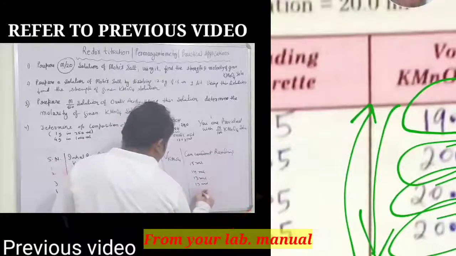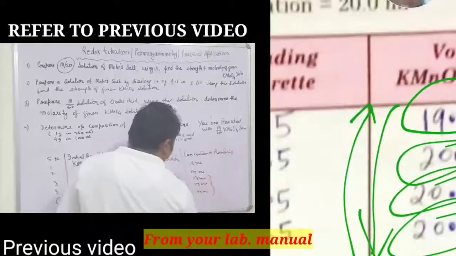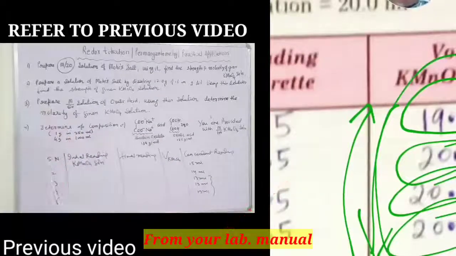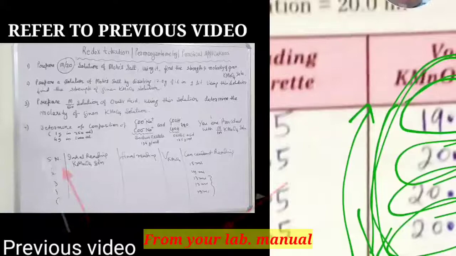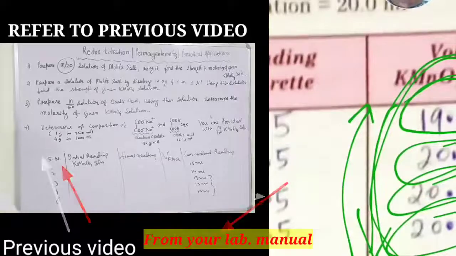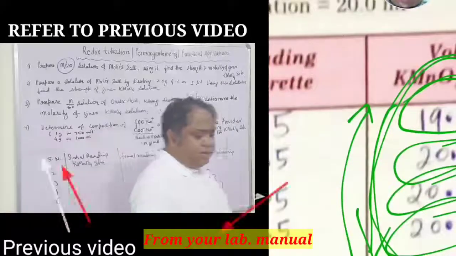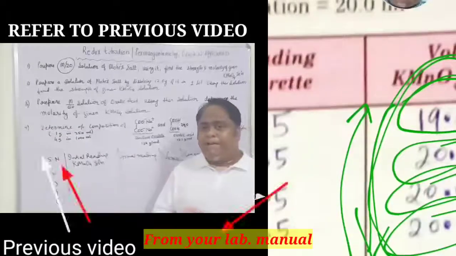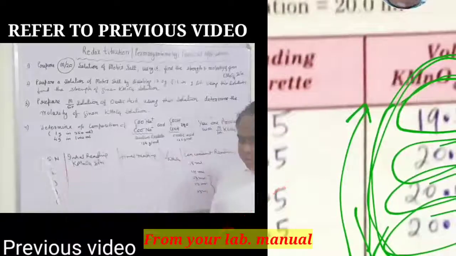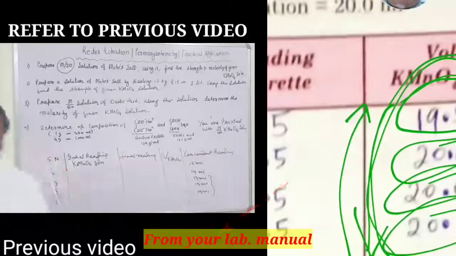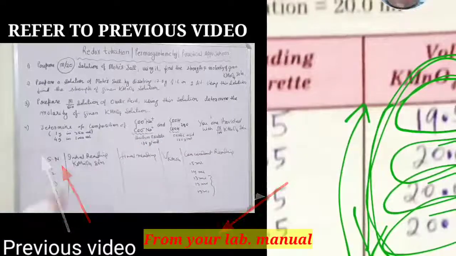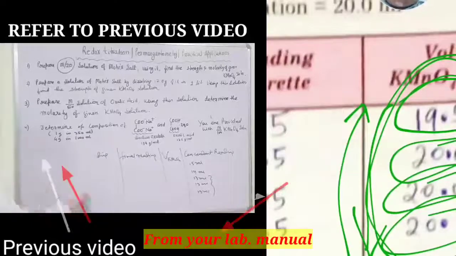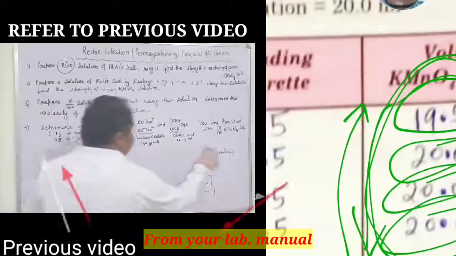So you will get a variety of values here. We expect that each one of you will not get the same value, because each one of you will be preparing 250 ml of M/20 solution of Mohr's salt on your own, and there will be individual human error in each case.